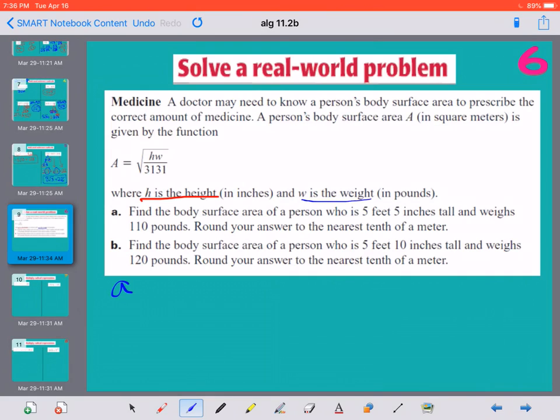For A, find the body surface area of a person who is 5 feet 5 inches tall and weighs 110 pounds. Round your answer to the nearest tenth of a meter.